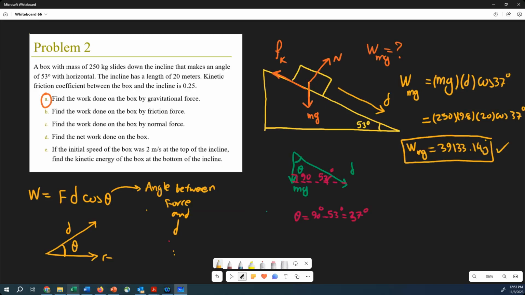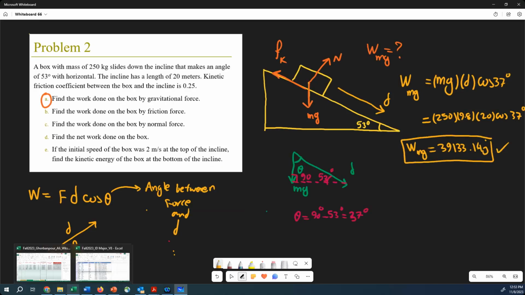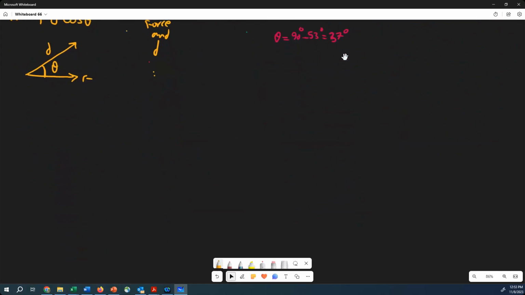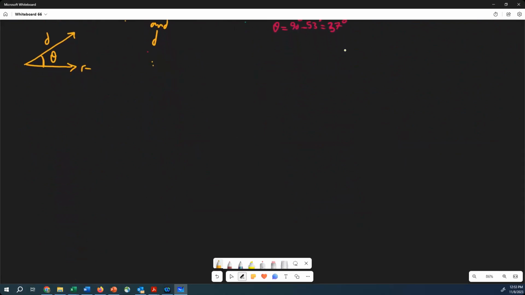So let me show you the other way to calculate this. Let me just draw. We will come back to this. This is going to be the second way of calculating. This was 53.